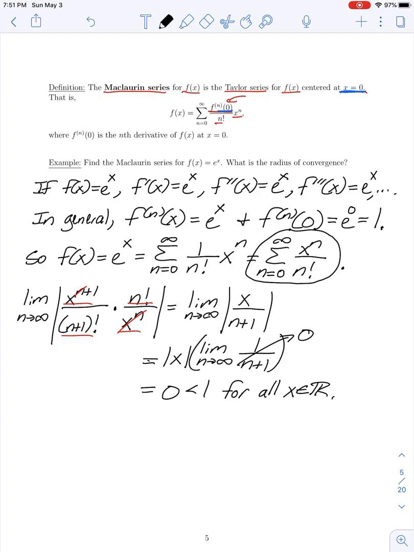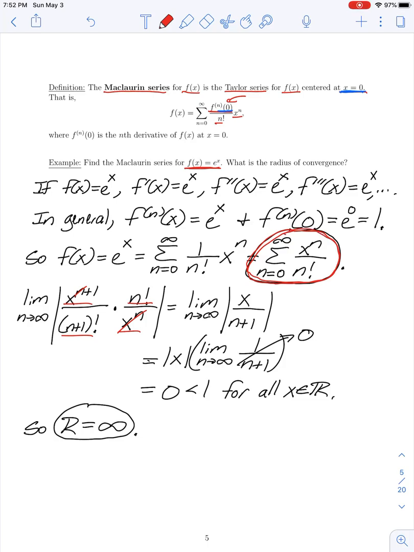So that is, this Maclaurin series converges over the entire real line. So our radius of convergence, r, would be infinite. In other words, we see that the function f of x equals e to the x can be represented by this relatively simple power series, no matter what the value of x.